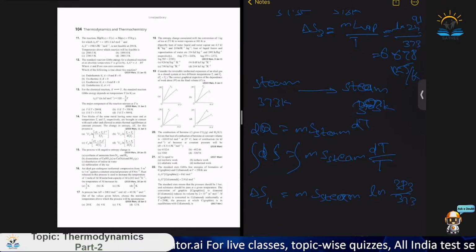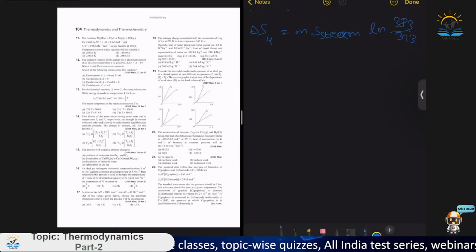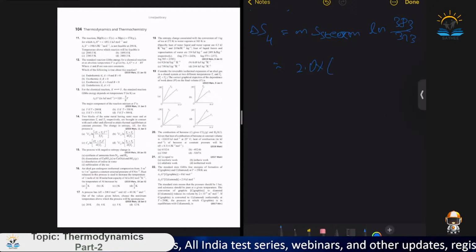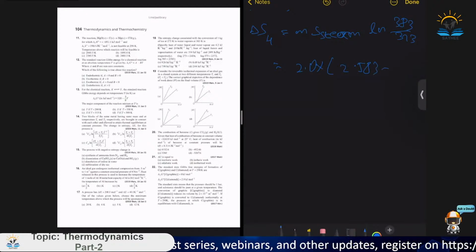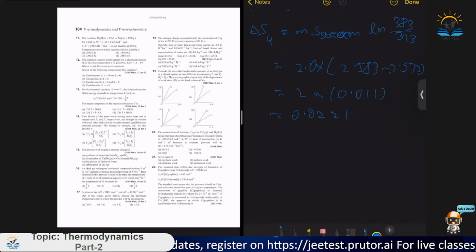So what are the values? 2.0 into 2.583 minus 2.572, so 2 into 0.011, which is 0.022 kilojoule per Kelvin.